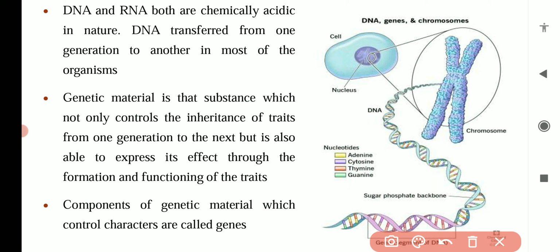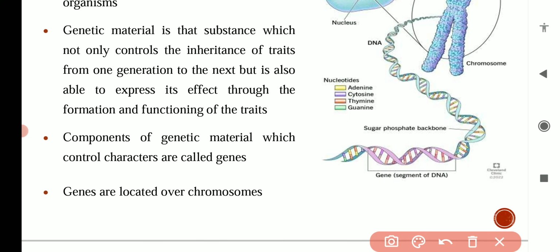But ultimately, genetic material or the DNA is responsible for the inheritance of characters or traits from one generation to another generation. Components of genetic material which control the characters or traits are called genes.